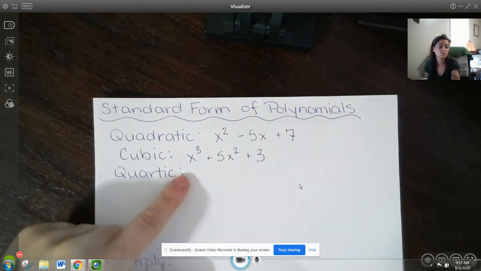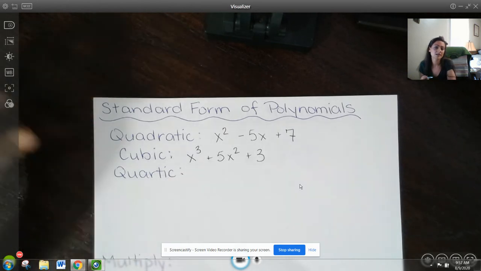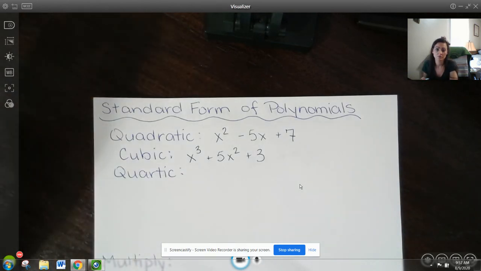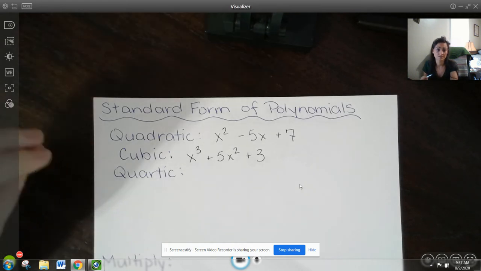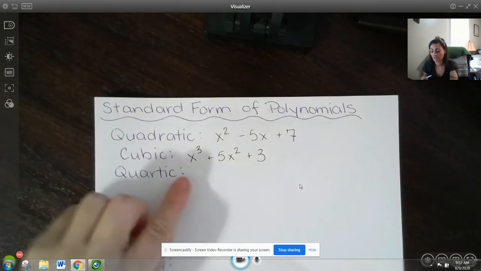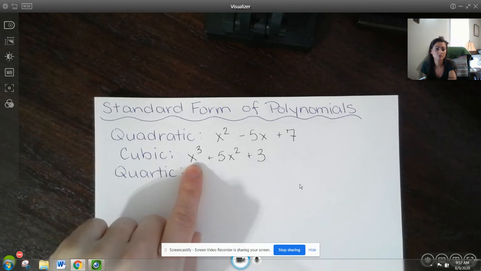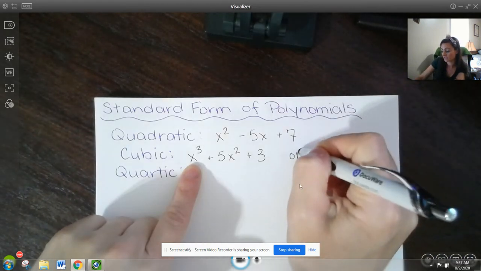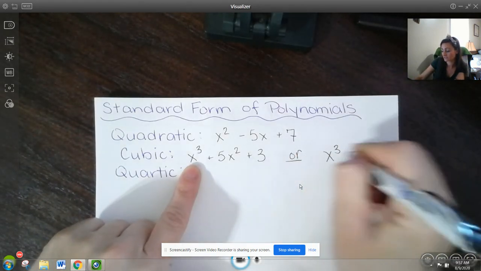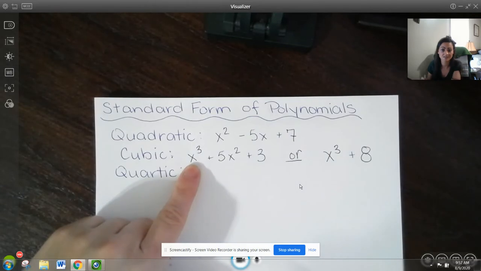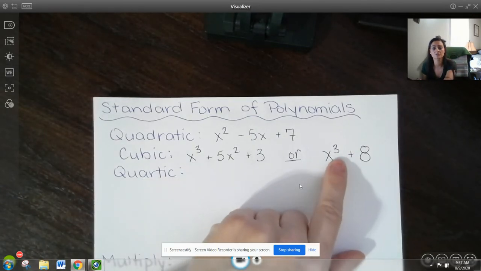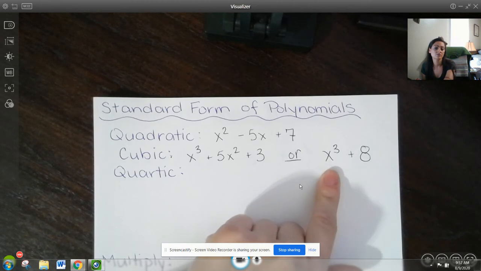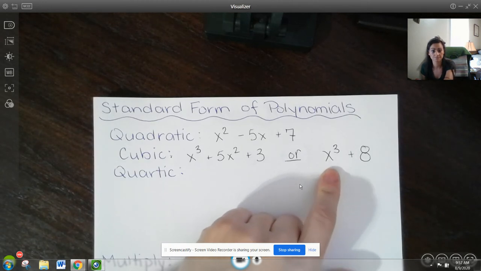And it is also possible that you may not have a variable with the exponents of 3, 2, and 1. But if it's cubic, I have to make sure that the x cubed goes first. We could also see just x cubed plus a constant. This still counts as a cubic function because my highest exponent is 3, and this is still standard form because x cubed is first.